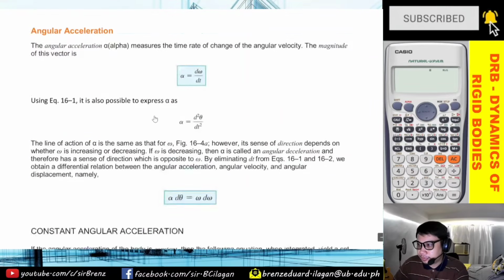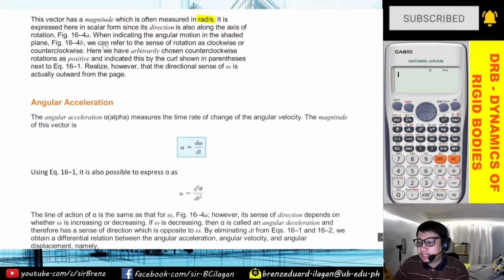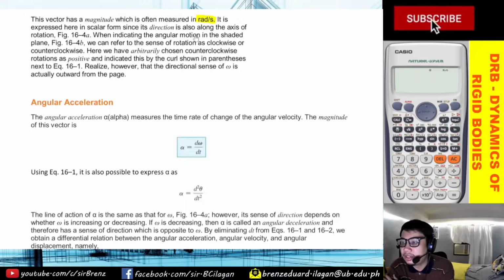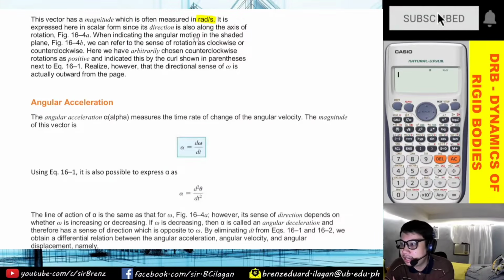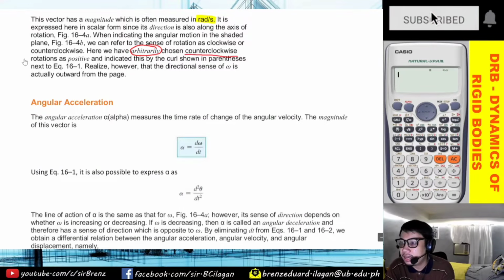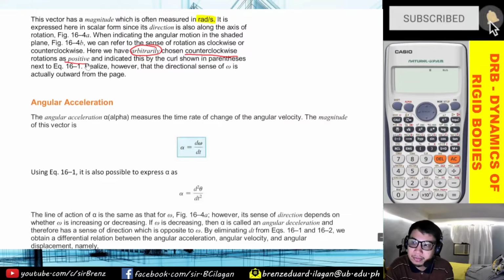When indicating the angular motion in the shaded plane, we can refer to the sense of rotation as clockwise or counterclockwise. Here, we have arbitrarily chosen counterclockwise rotation as positive. So take note of that. We always assume that counterclockwise is positive. Maybe think of it as the opposite of moment, because for moment, clockwise is always positive.